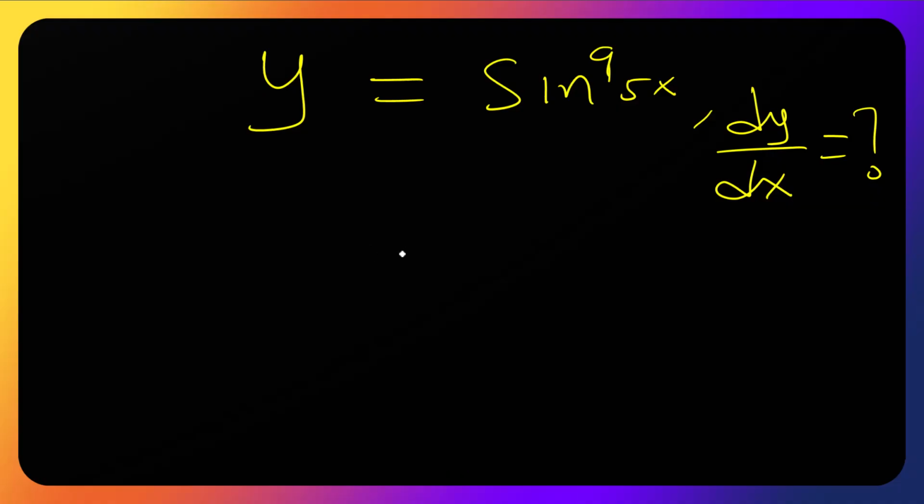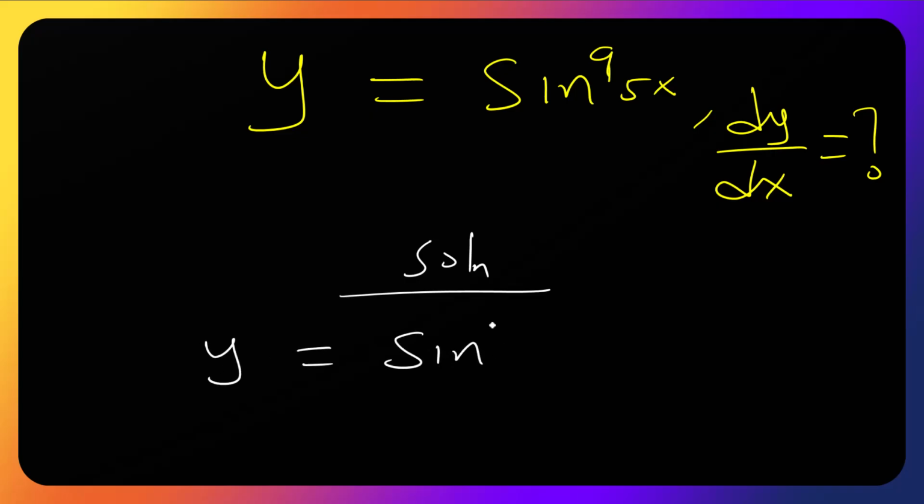Solution. So we have y equals sine, with the power as 9, of 5x. Now, let's understand that when we have sine to the power 7 of x, it is the same as sine x all to the power 7.